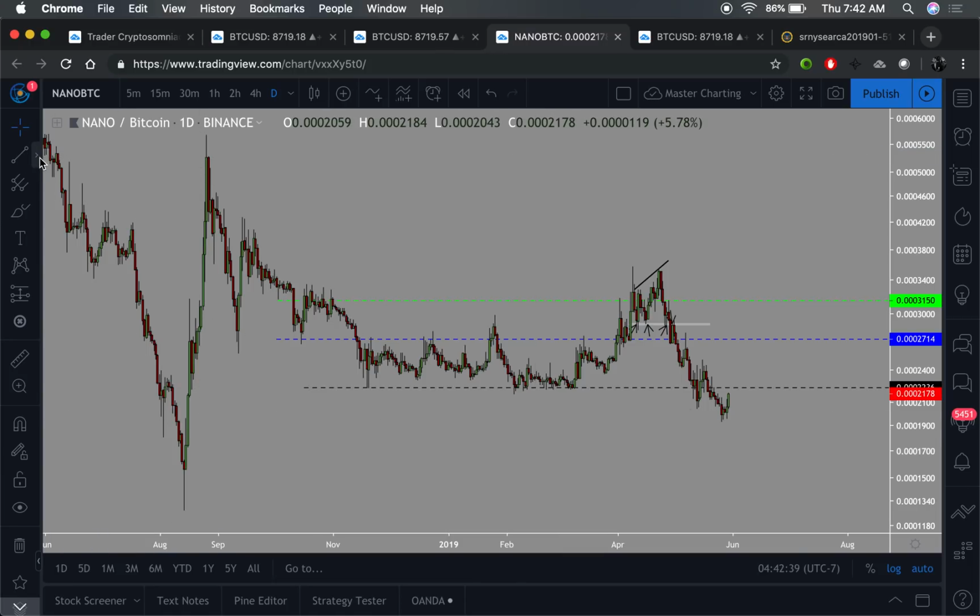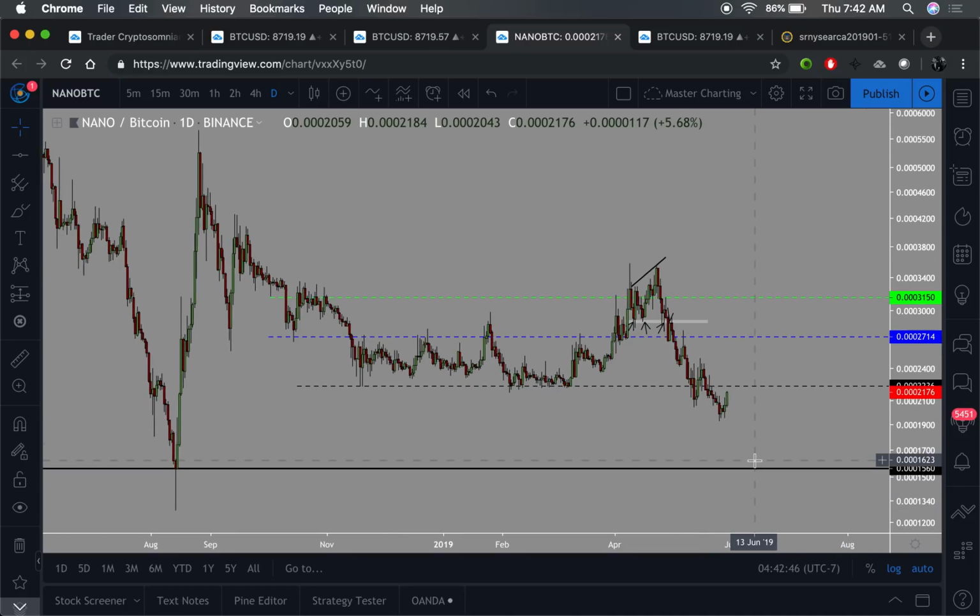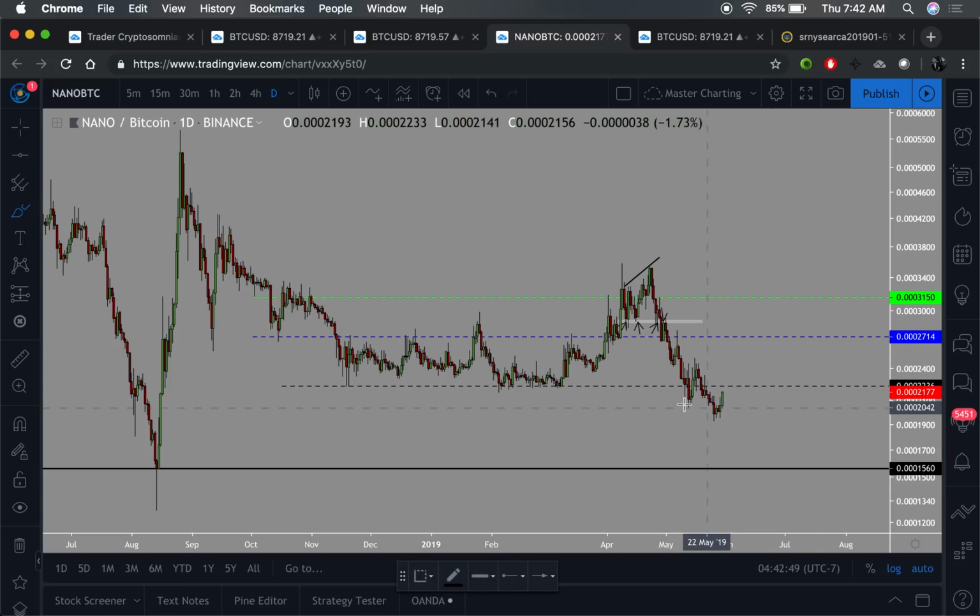The next big support that I see personally is way down here, which is about 1560. That's a long way down. Okay, so if Nano hits this area, which is 2200, as resistance, it's probably going to come back down to 1500 Satoshis or so.